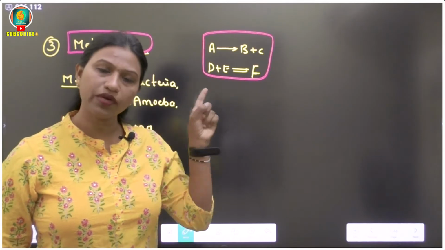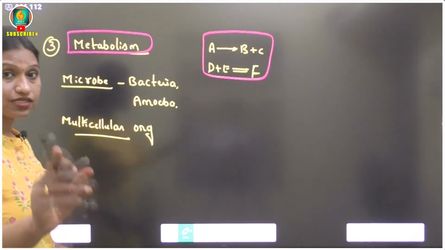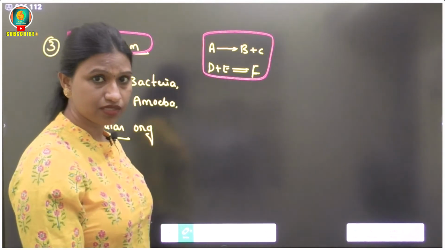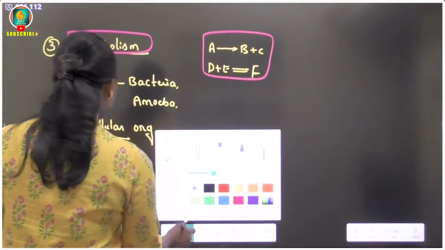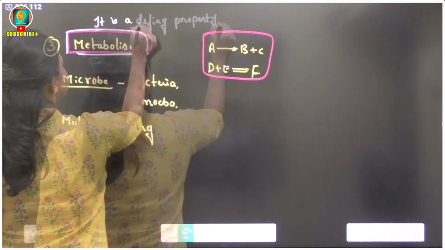This metabolism property must be present. Therefore, based on this character, I can say that yes, this organism is a living thing. So metabolism is a defining property.